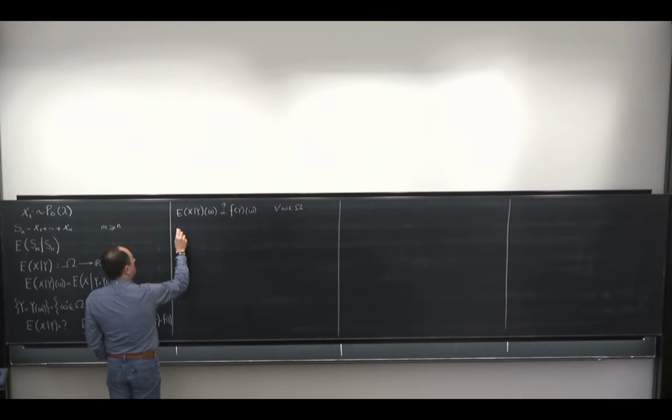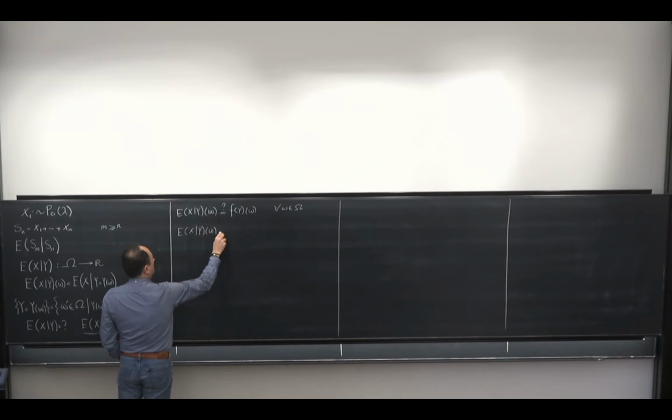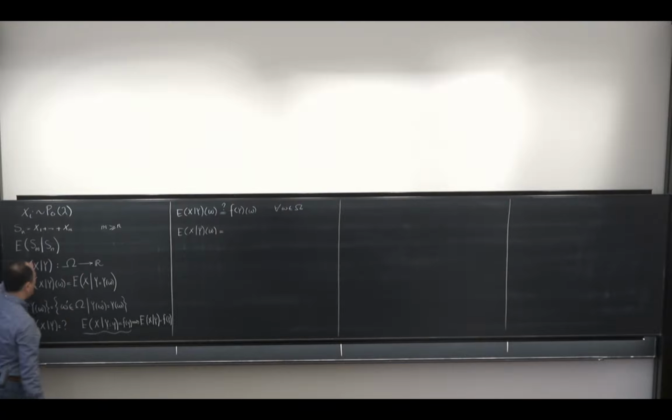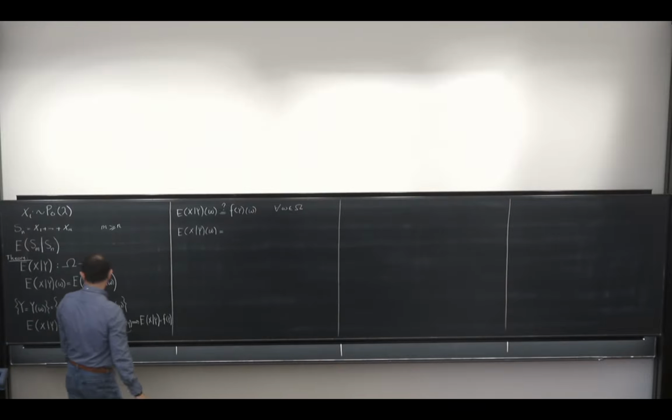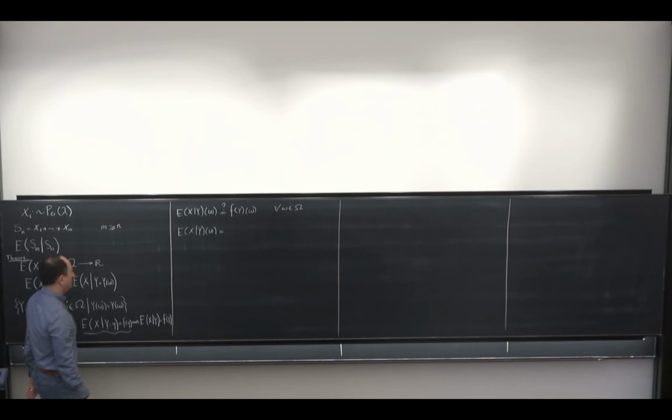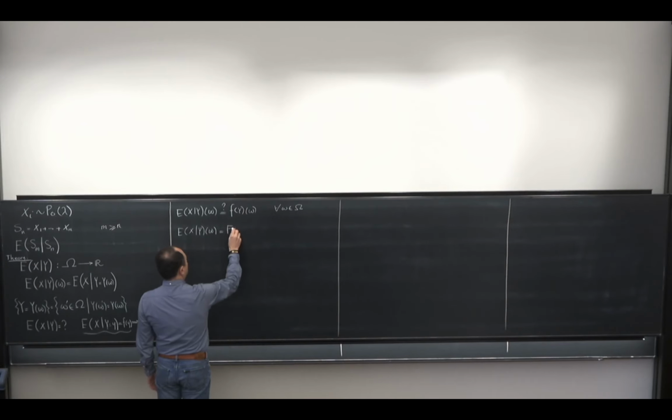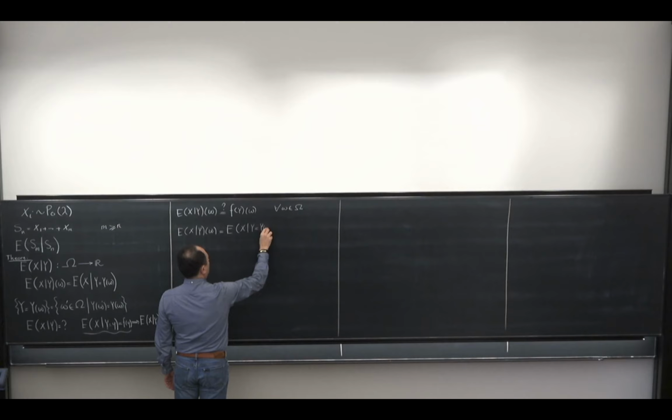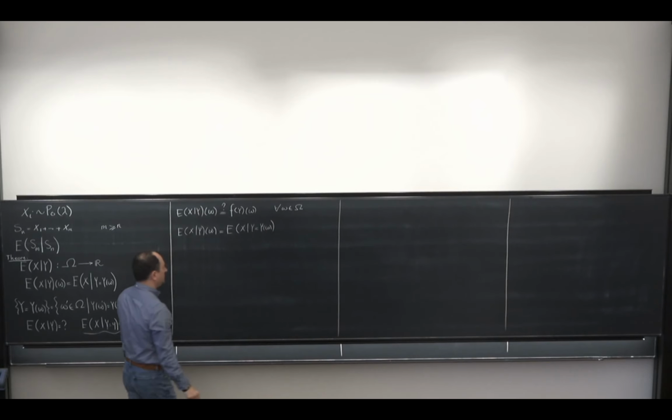So E of X given Y acting on omega, according to its definition. These are not part of the solution. You can call them theory. I just want to remind you a little bit. So if you ask what is this, according to the definition that we provided here, this is equal to E of X provided that Y is equal to that Y of omega. Okay?